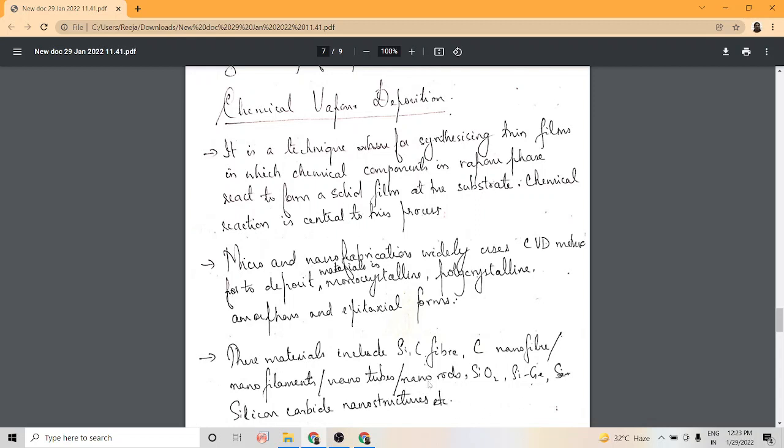The materials formed using chemical vapor deposition include silicon, carbon fiber, carbon nanofiber, nanofilaments, nanotubes, nanorods, then silicon dioxide, silicon germanium, silicon carbide nanostructures, etc.